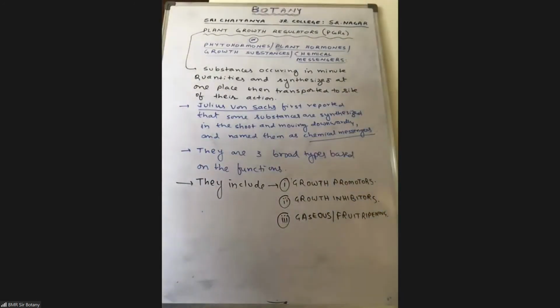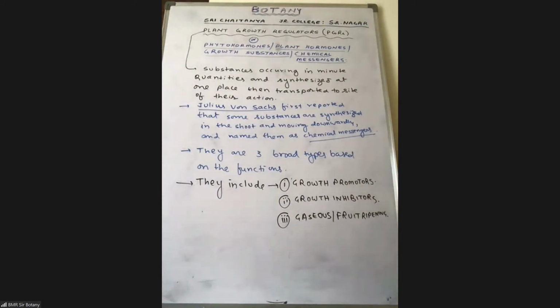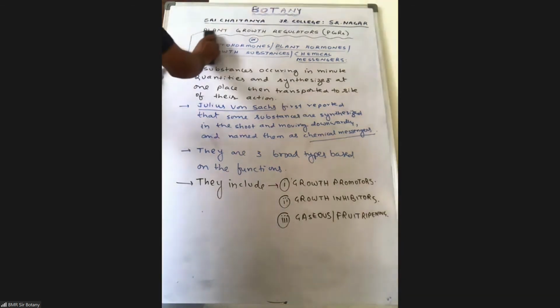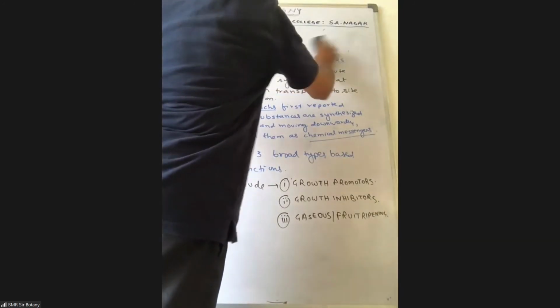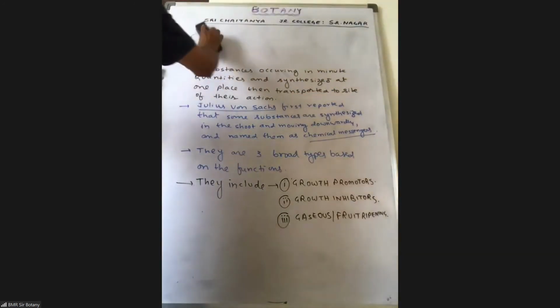Now, these three categories we go in flowchart form, one as to their chemical nature, two as to their function in common. So don't drop that point. One minute. Yes?